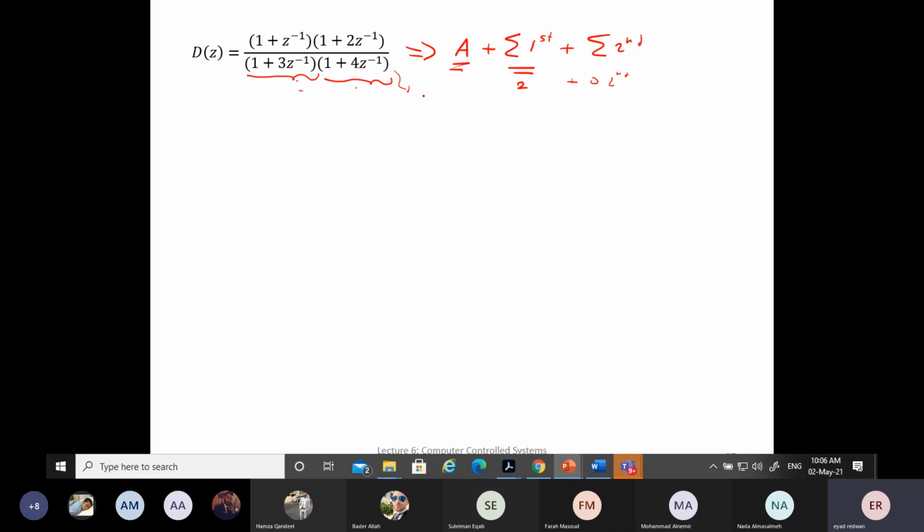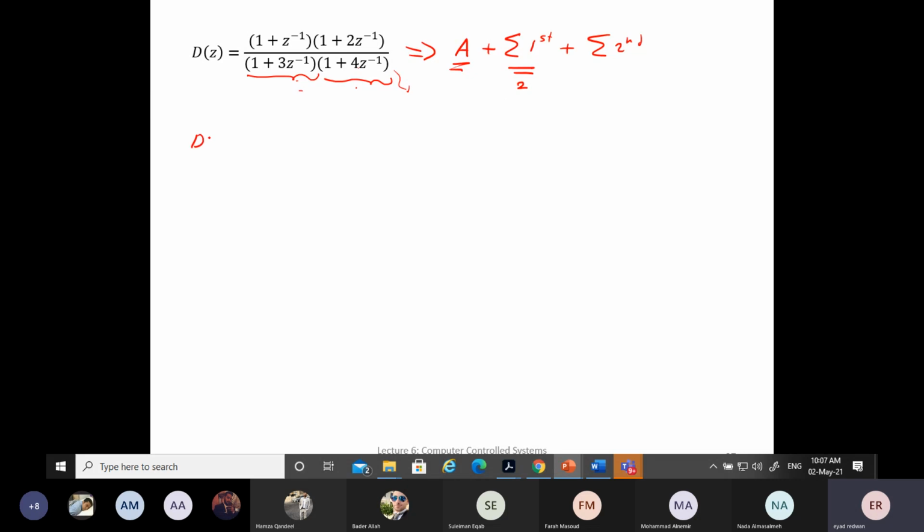There is no term like 1 plus z inverse plus 2 z to the power minus 2 and so on, which I cannot even write as two simple terms. If it's a second order that you cannot write as simple terms, then you have to implement a second order term as we saw earlier. So here in this question, I don't have second order terms. I have two first order terms and a constant.